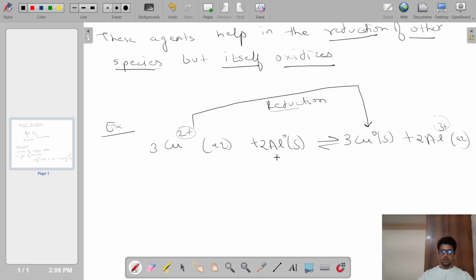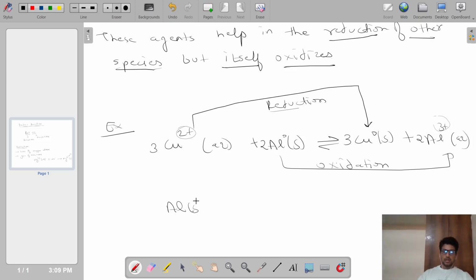And here aluminum solid goes from 0 oxidation state to plus 3. Increase in oxidation state means it is gaining positive charge. How can something gain positive charge? By losing electrons. So here oxidation is happening because loss of electrons is happening. Now we found out that copper is going under reduction and aluminum is going under oxidation.